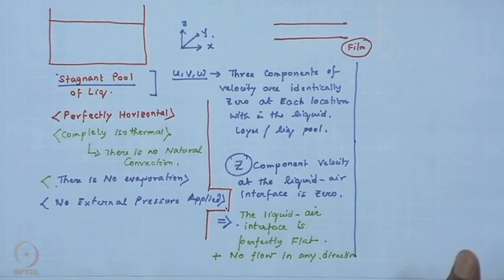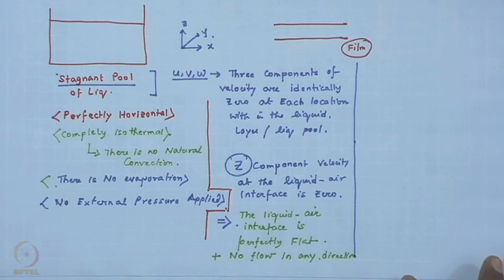Now, this is a perfectly valid picture of a free surface of a stagnant liquid, if you take a macroscopic view.